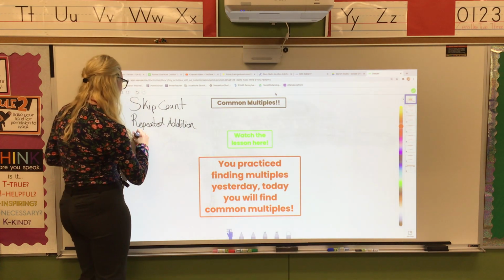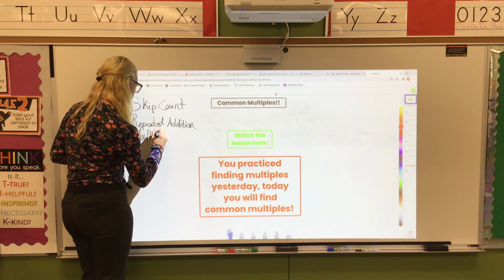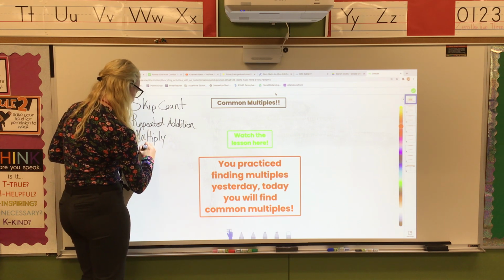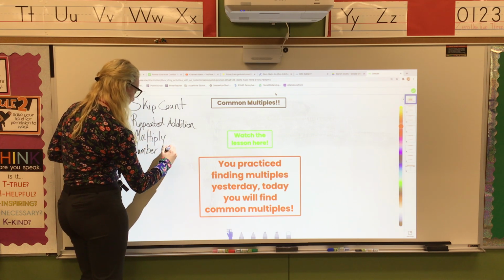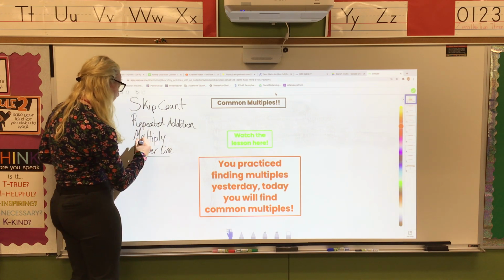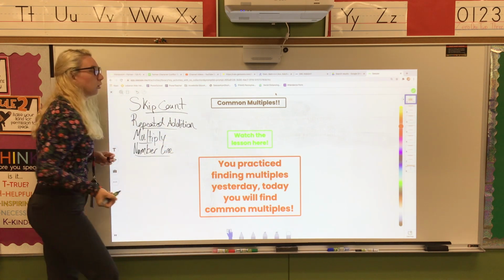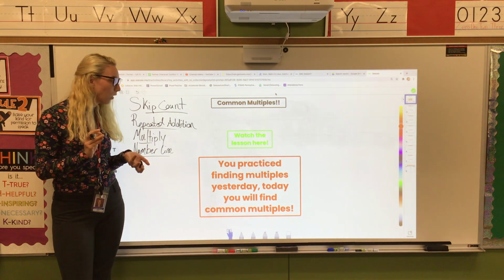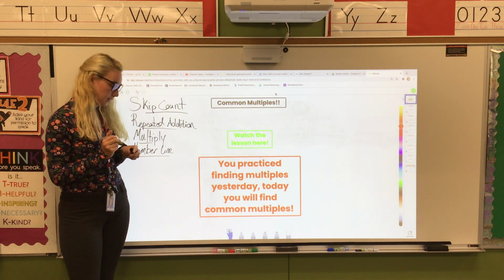You could multiply. Or you could use a number line. Those were our 4 ways to find multiples. We practiced them yesterday, so we should be kind of okay with them. Those are our 4 ways.